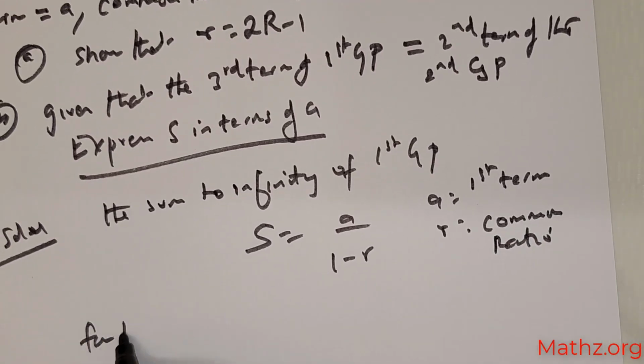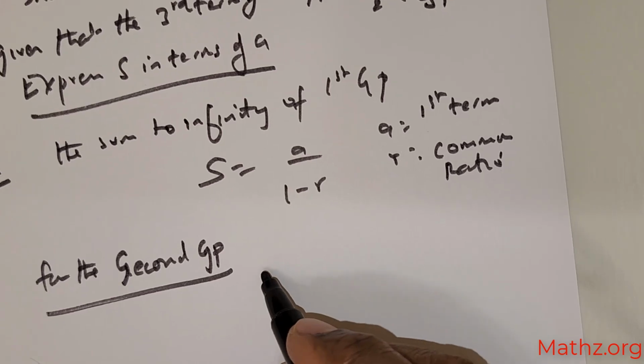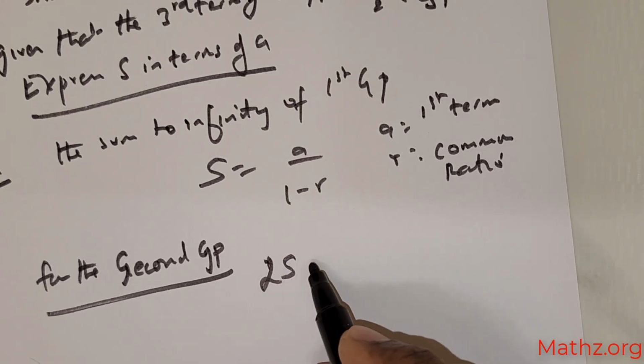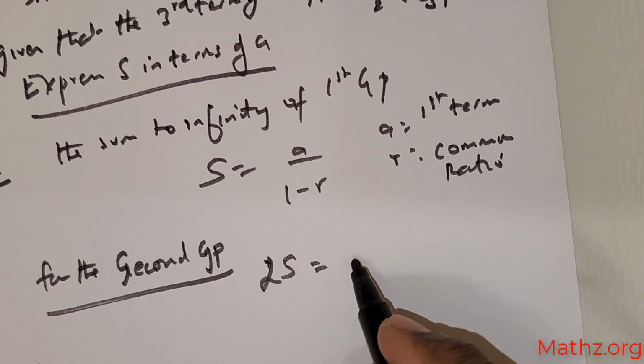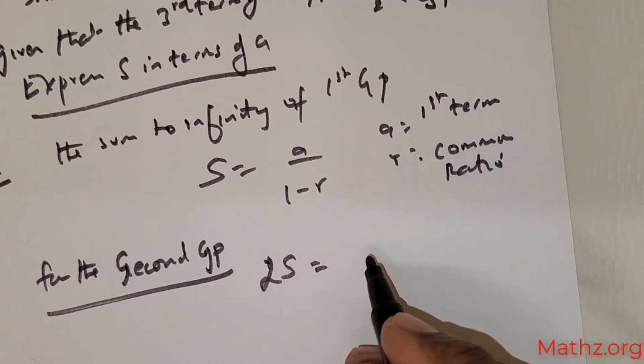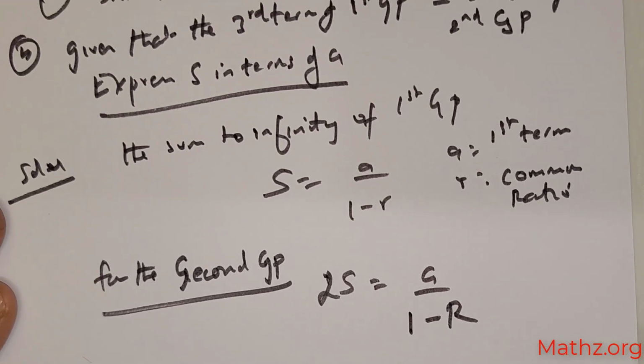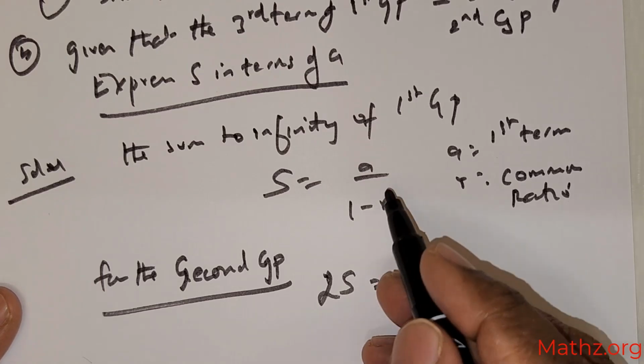Now for the second GP, the sum to infinity is 2 times s is equal to a over 1 minus capital R. Okay, so this is what we have got.